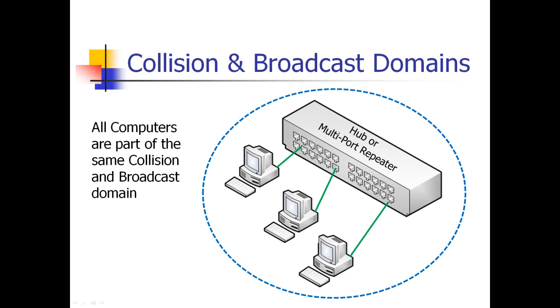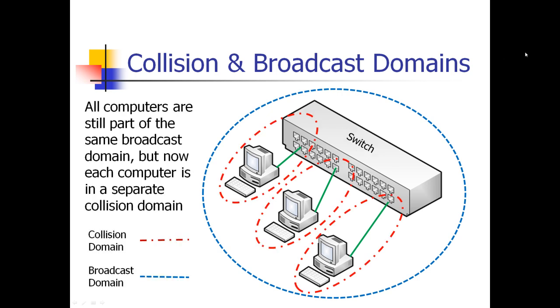So the alternative is to replace the hub with a switch. A switch is still physically configured the same way as the hub, with all ports connected to each other, but a switch uses what are called ASIC chips. ASIC stands for Application Specific Integrated Circuits.